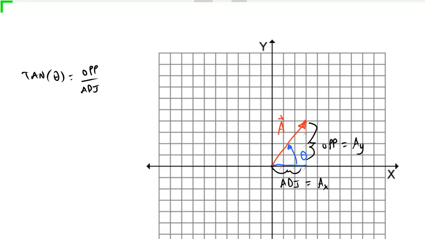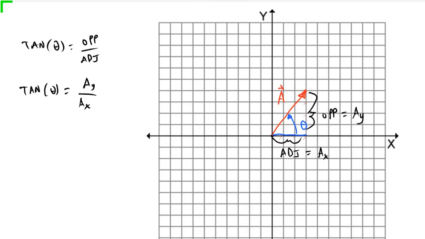So to find the angle in standard position, we can say tangent of theta is equal to Ay over Ax. And then we use the inverse tan function, so the arctan. So the arctangent of Ay over Ax is equal to theta.